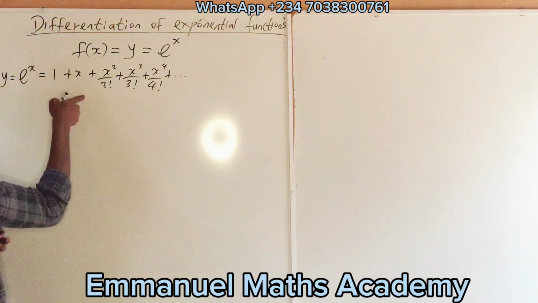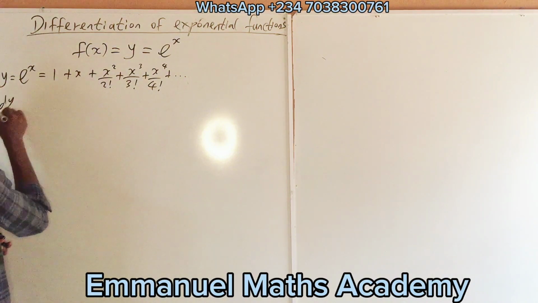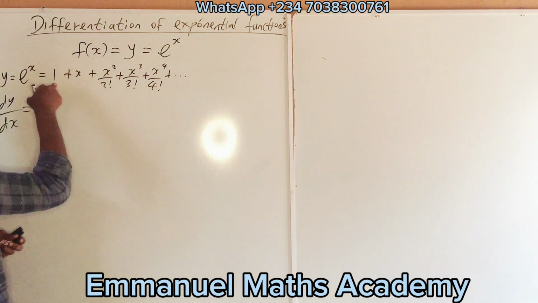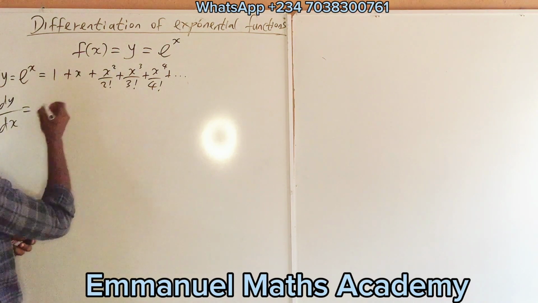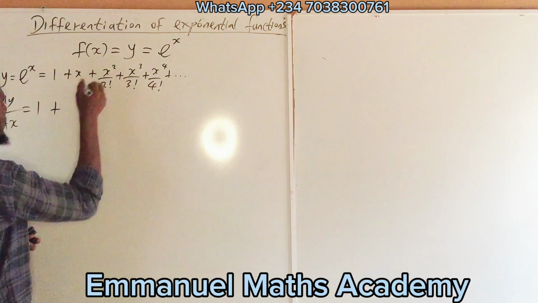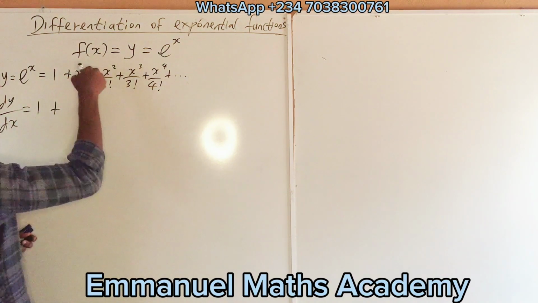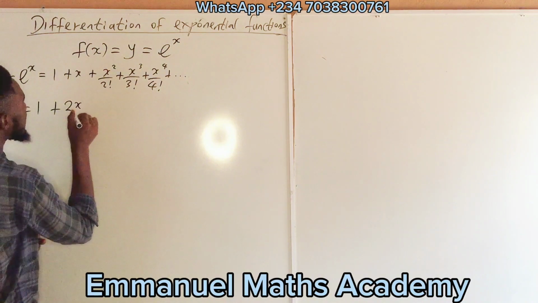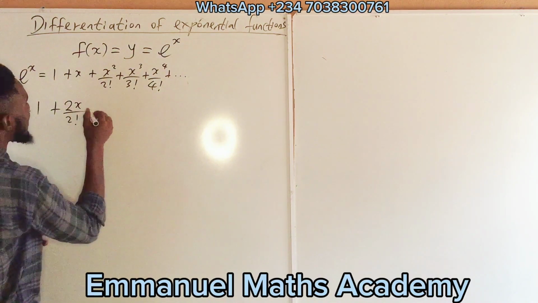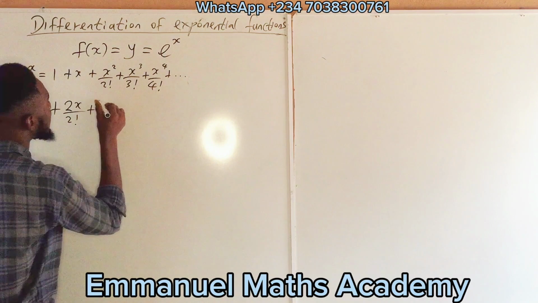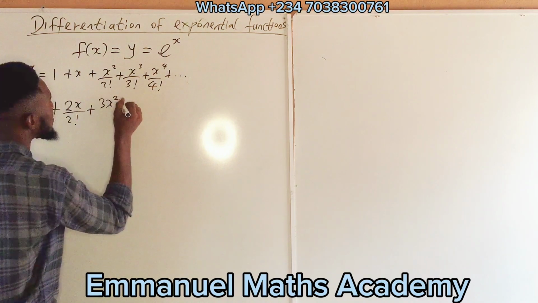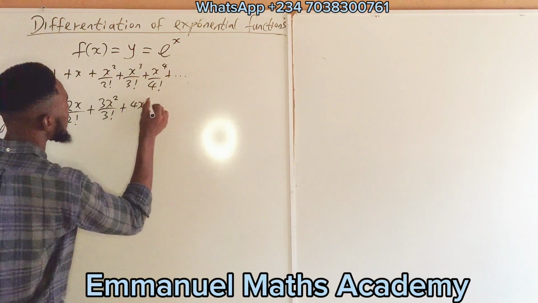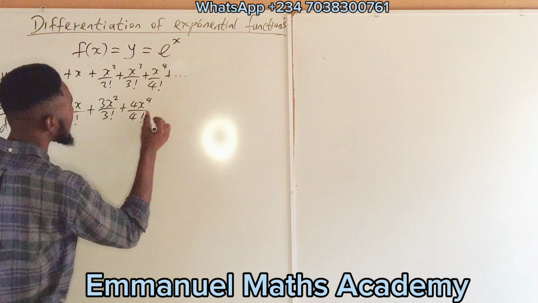To differentiate this, you now have that dy dx is equal to, if you differentiate this constant, you get 0. Differentiate this, you get 1. Plus, if you differentiate this, this will multiply this, and you subtract 1. You have 2x over 2 factorial plus 3x power 2 over 3 factorial plus 4x power 3 over 4 factorial.